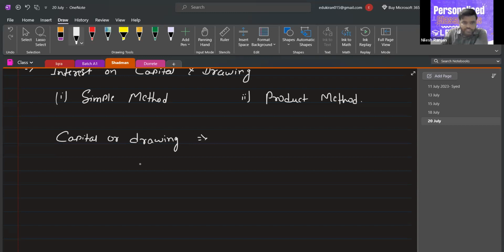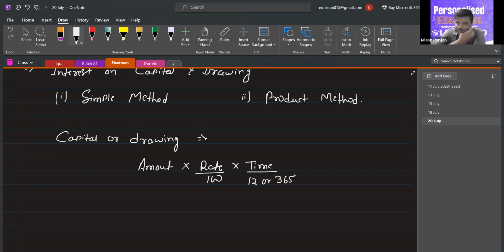We just have to write the amount into rate into time. Rate divided by 100 and time divided by 12 or 365. Okay. So, sir, simple method is when capital or drawings were drawn once in a year.